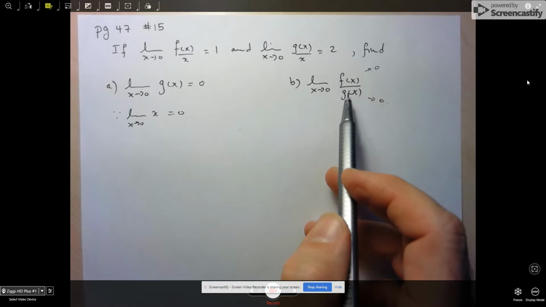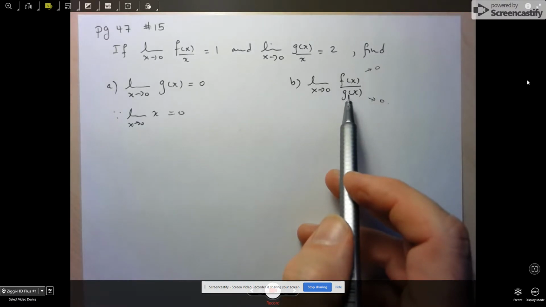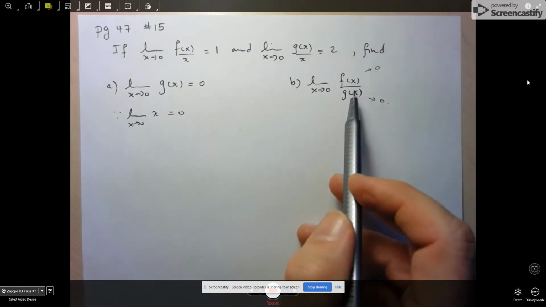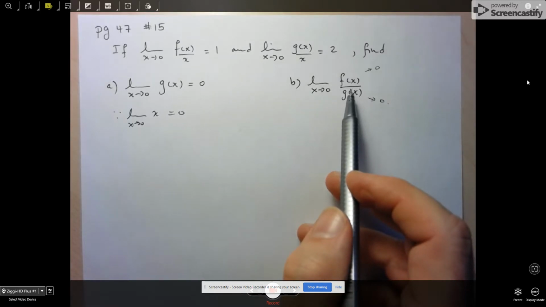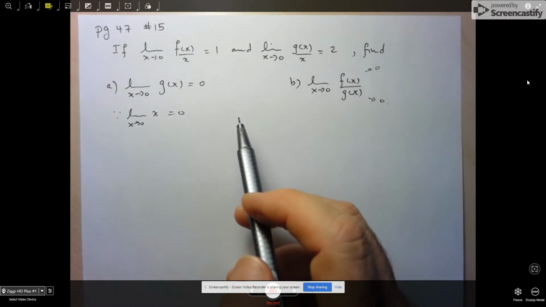It doesn't tell us what the limit actually is. So it means we have to do some algebra. That's the conclusion that you have to come to when both numerator and denominator approach 0. The limit may or may not exist. More investigation is required.